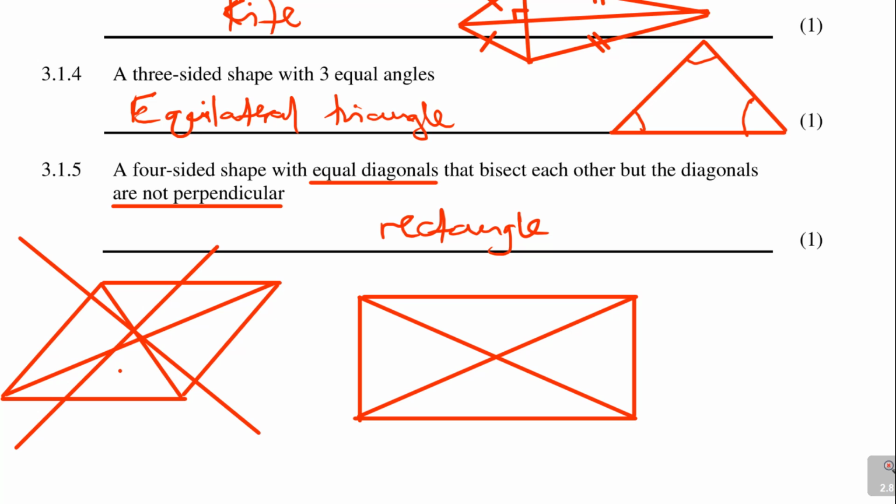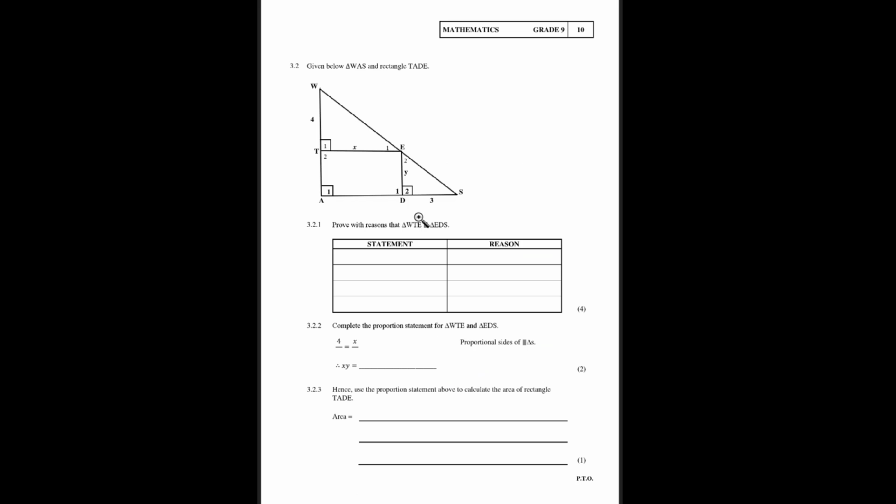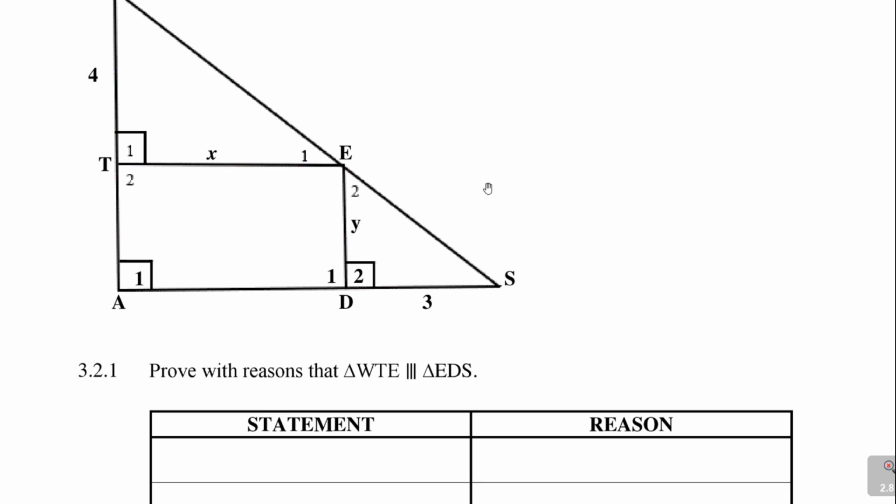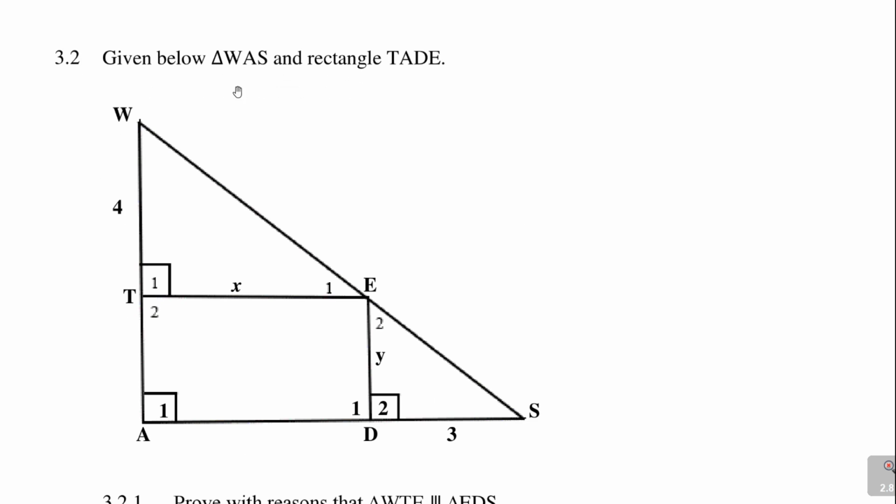Are you with me? So let's move on to the next question, 3.2. Given below is a triangle WAS, let's try to mark it. There is a triangle. Okay, there it is.